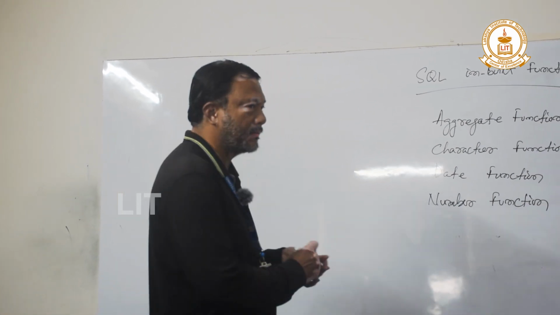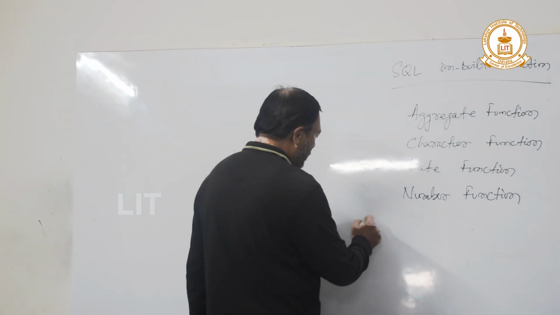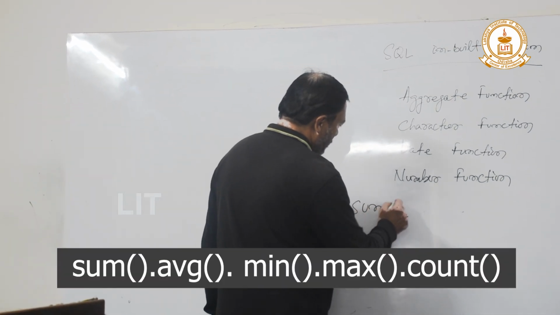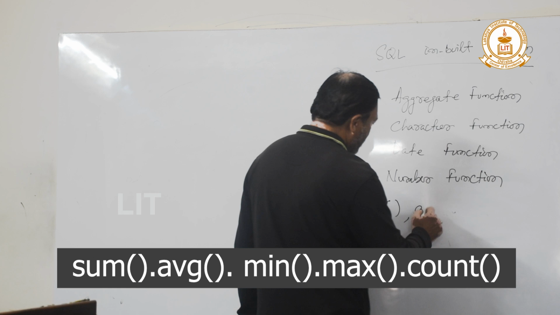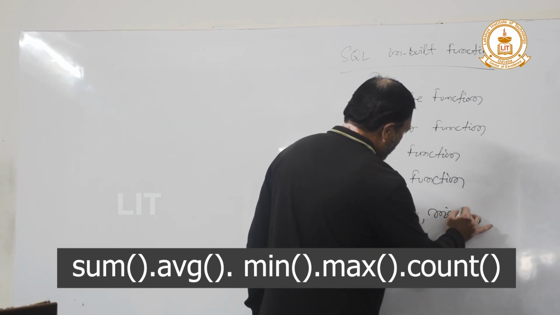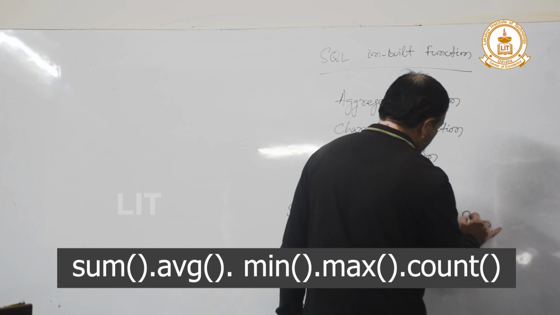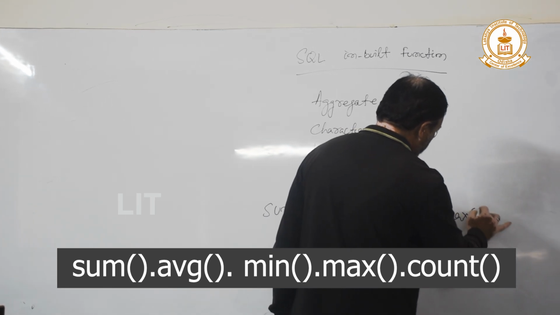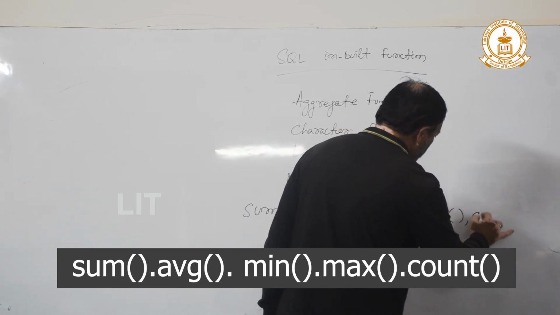Such as, how should you write? Sum, comma AVG, that is for average, then min, that is for minimum, max for maximum, and count.